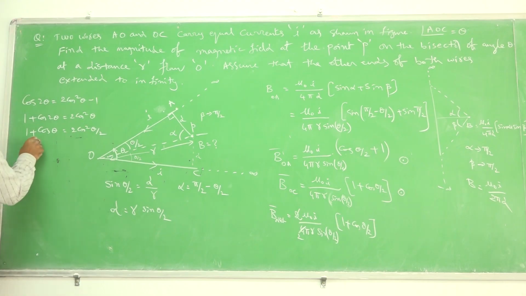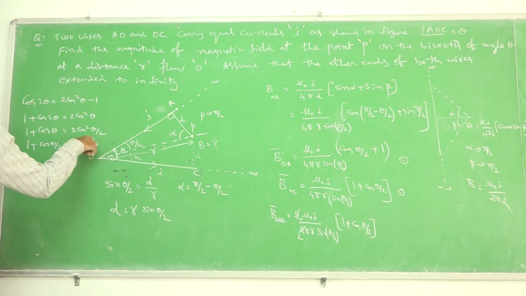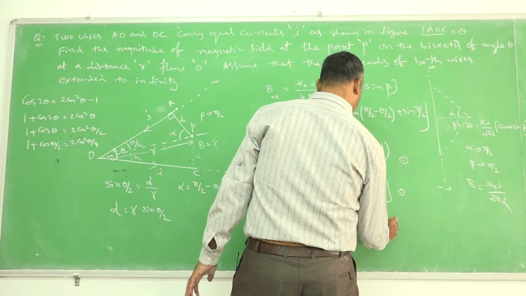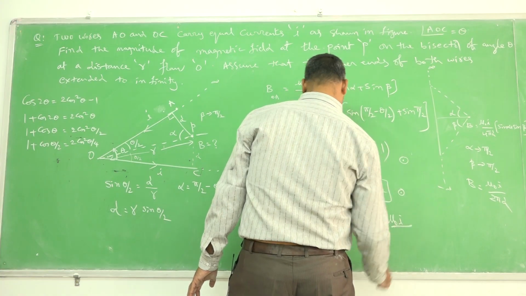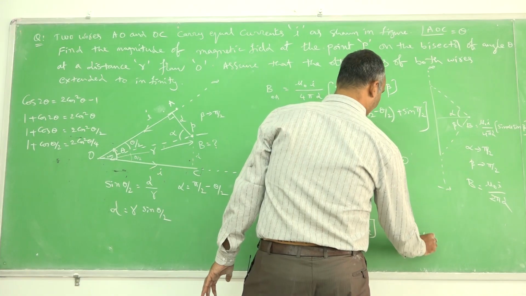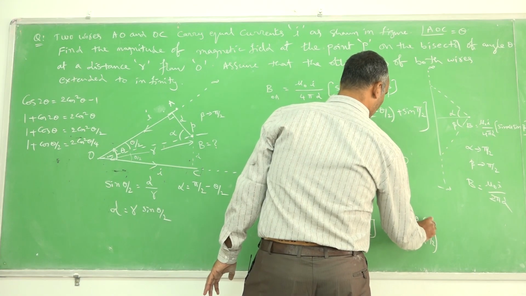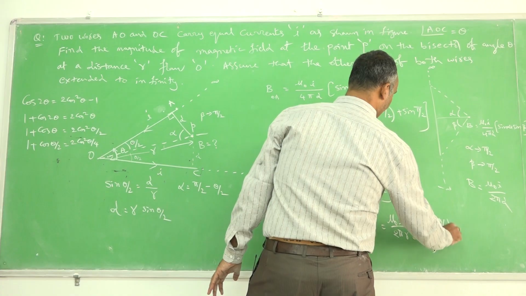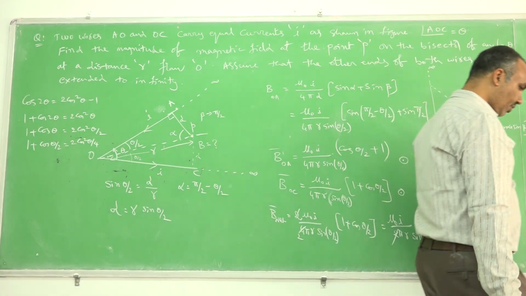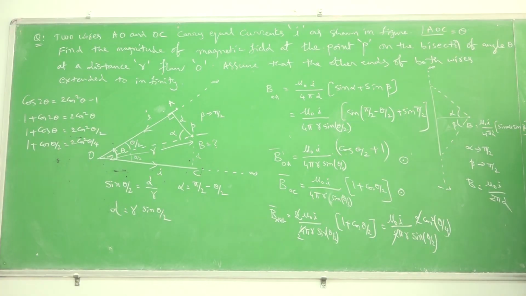But here we require 1 plus cos theta by 2. That is 2 cos square theta by 4. So you can write it as mu naught I by 2 pi r sin theta by 2, 2 cos square theta by 4. 2 gets cancelled.